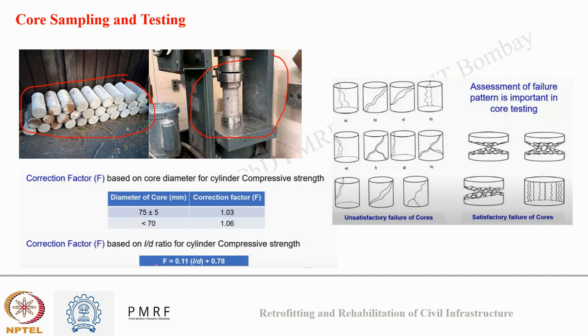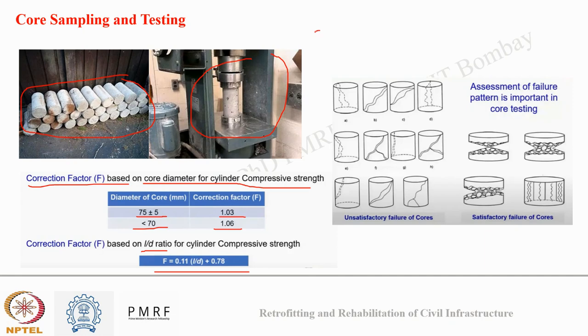Now, sometimes correction factors are also needed to be applied in case there is some variation in core diameter or length. These factors are listed like here. The first correction factor is based on core diameter. If the diameter is in this range, the correction factor is this, and if it is lower than this, the correction factor is this. And based on the L by D ratio, the correction factor is applied like this.